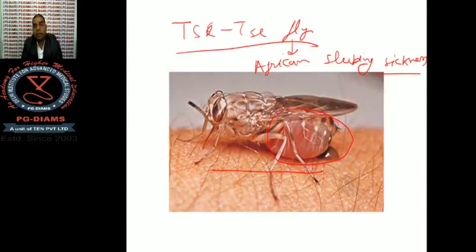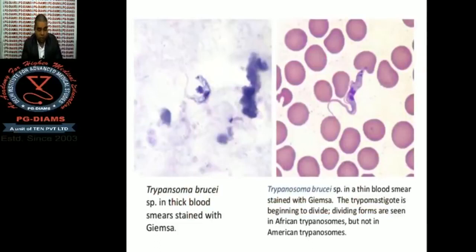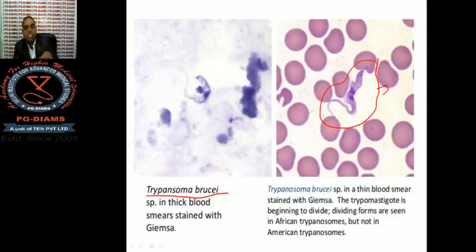What will be the peripheral blood smear? How does the peripheral blood smear of African sleeping sickness look? In African sleeping sickness, the causative protozoa is Trypanosoma brucei, and in the peripheral smear of African sleeping sickness transmitted by the tsetse fly, you see this Trypanosoma brucei in the peripheral blood smear.